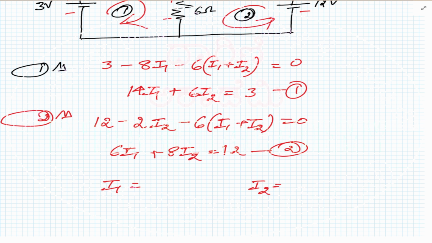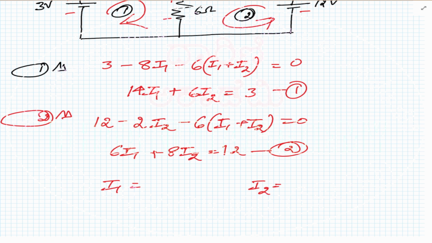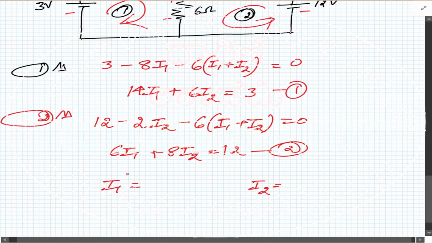All right, so the first equation is 14 I1 plus 6 I2 is equal to 3, and the second equation says that 6 I1 plus 8 I2 is equal to 12. So it says that I1 is equal to minus 0.63 amperes. Okay, and I2 is equal to 1.97 amperes.